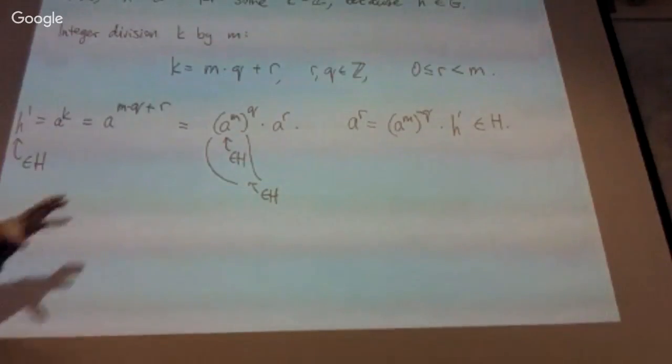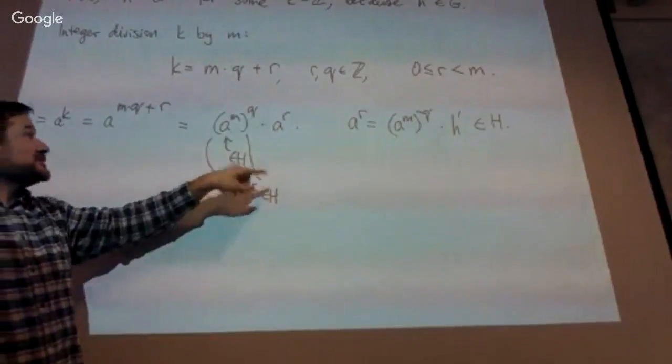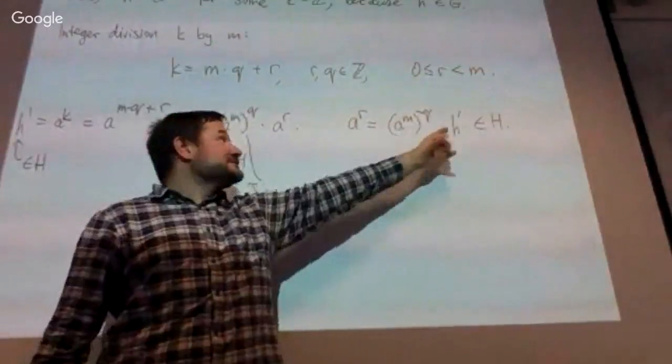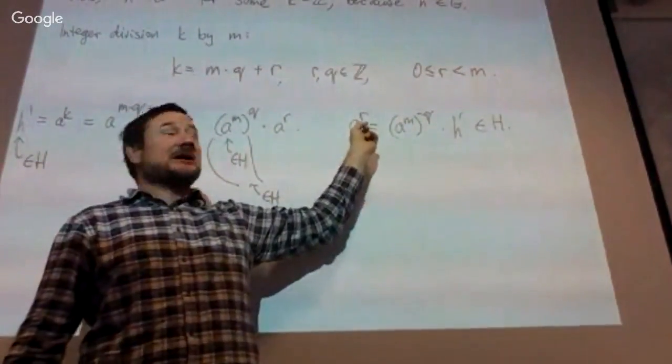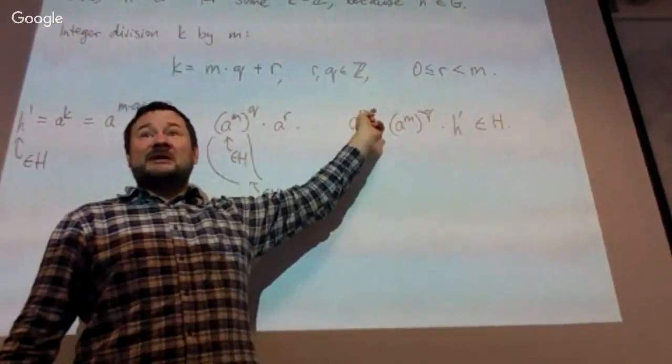So I've got this element, which I'm claiming is in H. I take its inverse. I multiply it with something in H. The product also has to be in H. So this is in H. Now, what does that say about r? Can r be m?